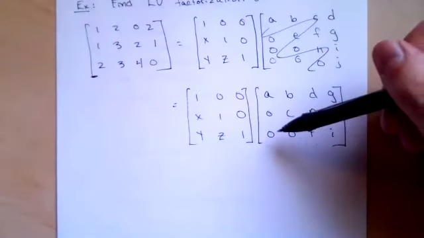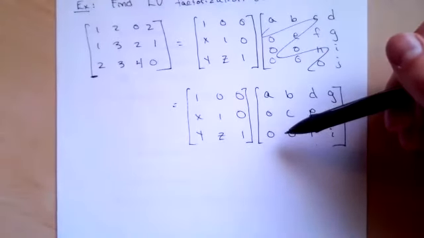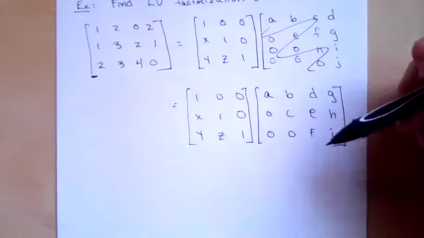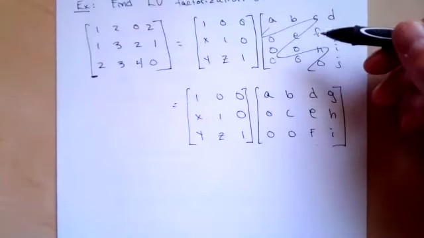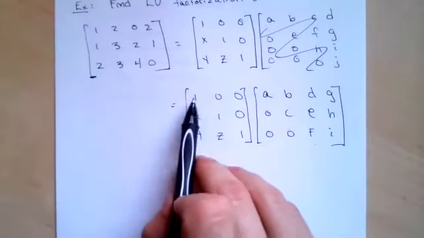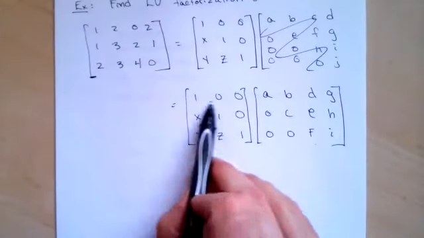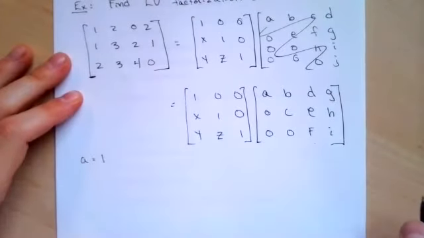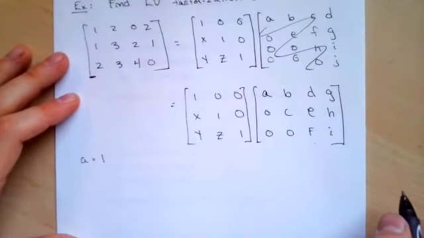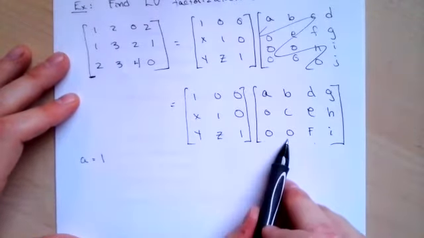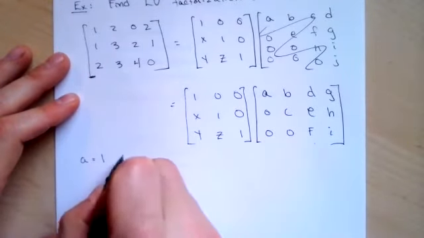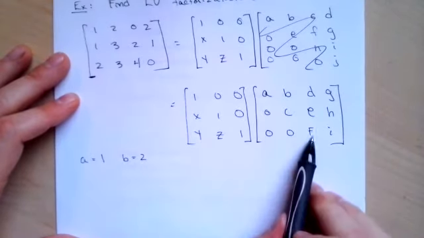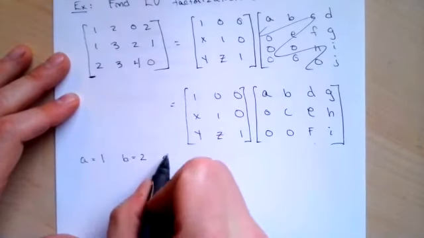With upper triangular and lower triangular matrices, when you're taking the products, the nice thing about how they're designed is that the product is easy. So namely, this first entry, I know that the first row times the first column is going to give us that A is 1. The first row times the second column gives us that B is 2. First row, third column, D is 0.